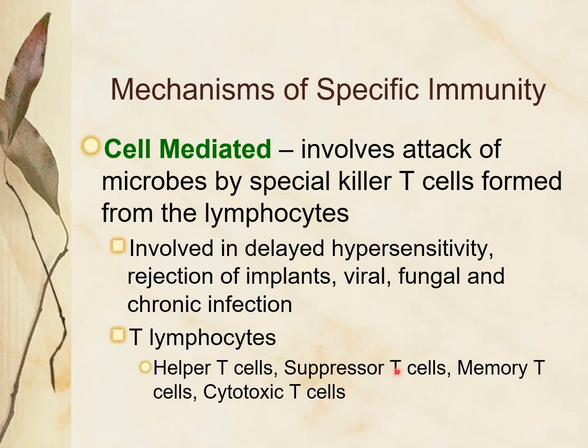Suppressor T cells have the ability to suppress B cell production, keeping the immune response at a level that is compatible with health. The memory cells are responsible for recognizing antigens from previous exposure and mounting an immune response.